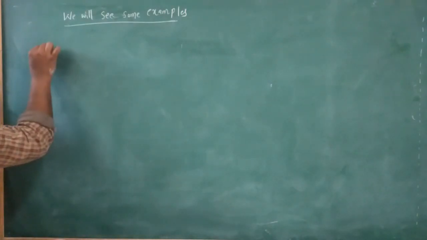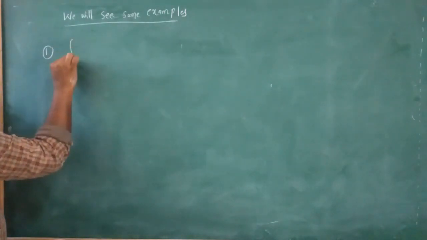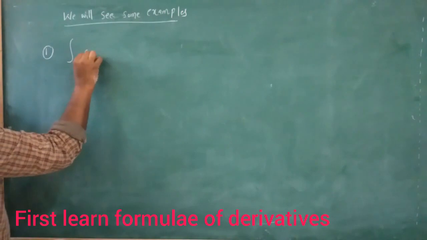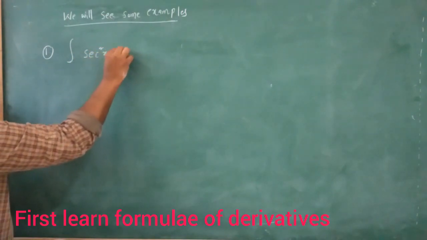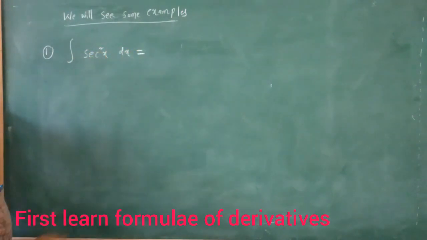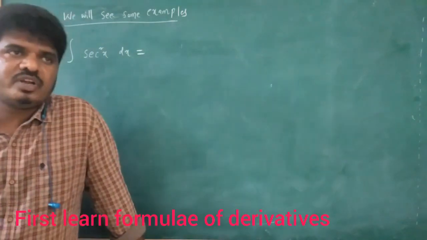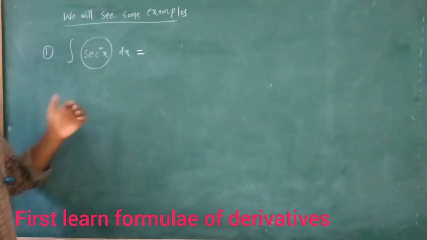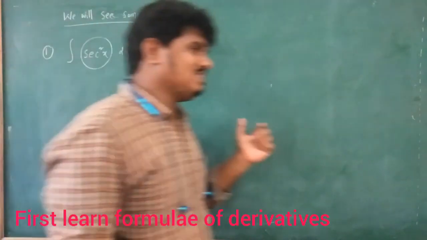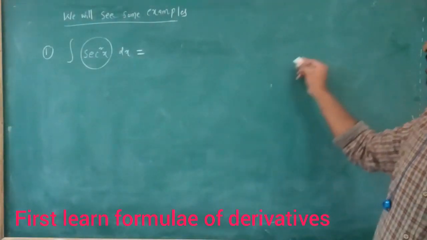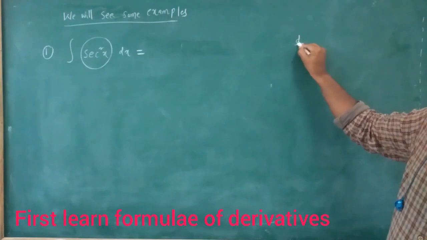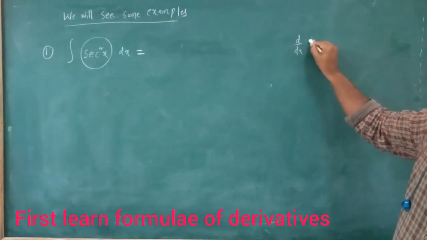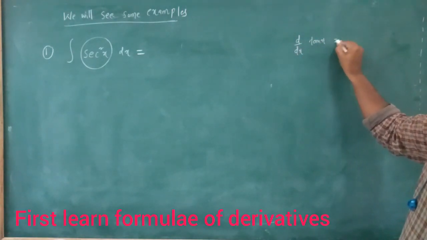First one: what is the integral of secant square x dx? You should know the formulas of the derivatives. Here the derivative of tan x is secant square x.